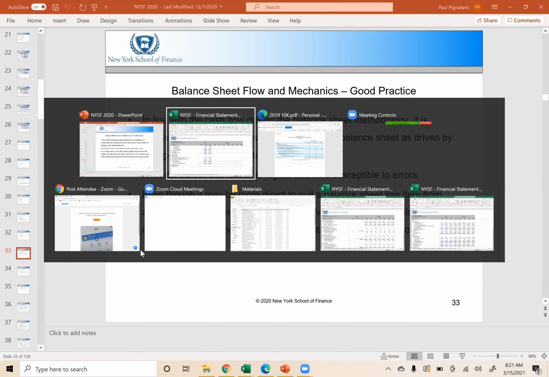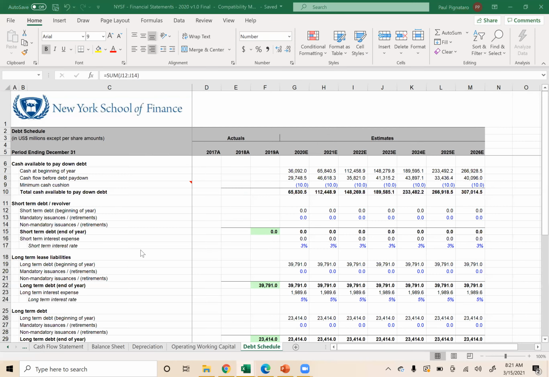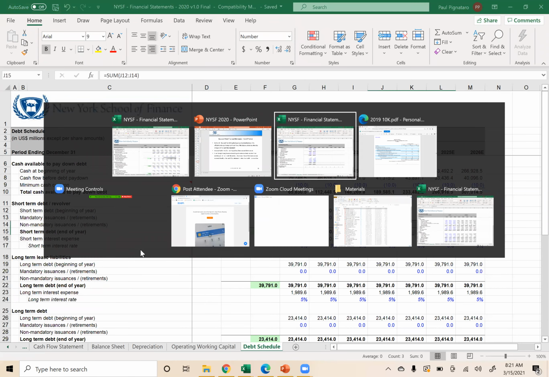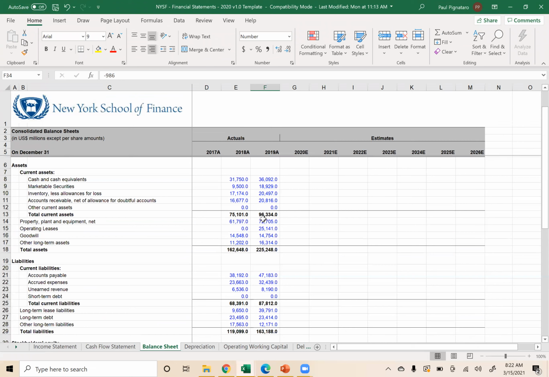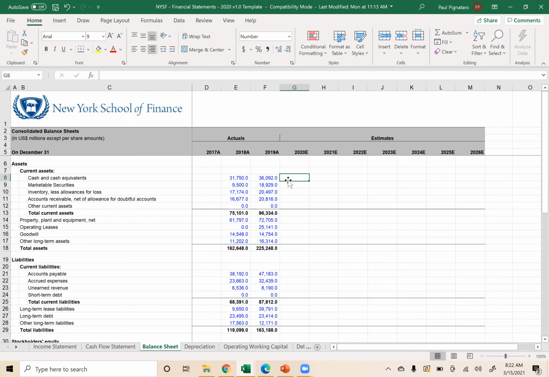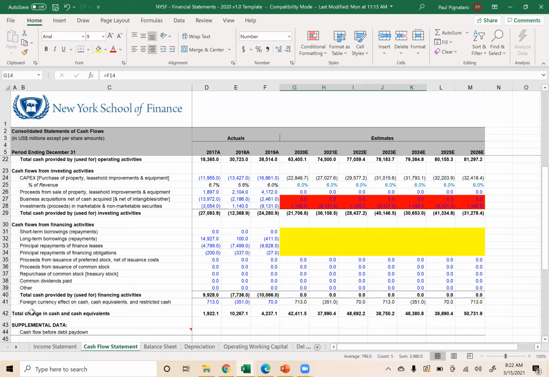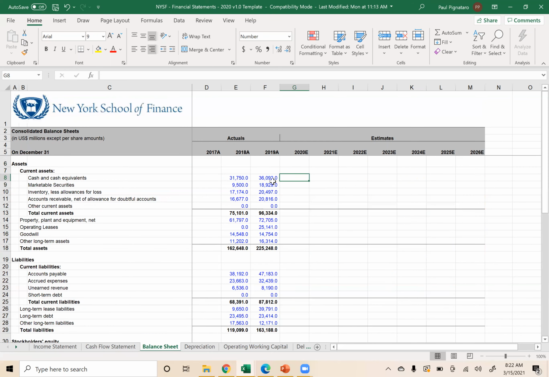So, for example, let's just dig right into it. Cash and cash equivalents. Which cash flow statement line item drives this balance sheet line item? This is a little bit trivial and easy. Cash, the total change in cash, will impact our balance of cash.